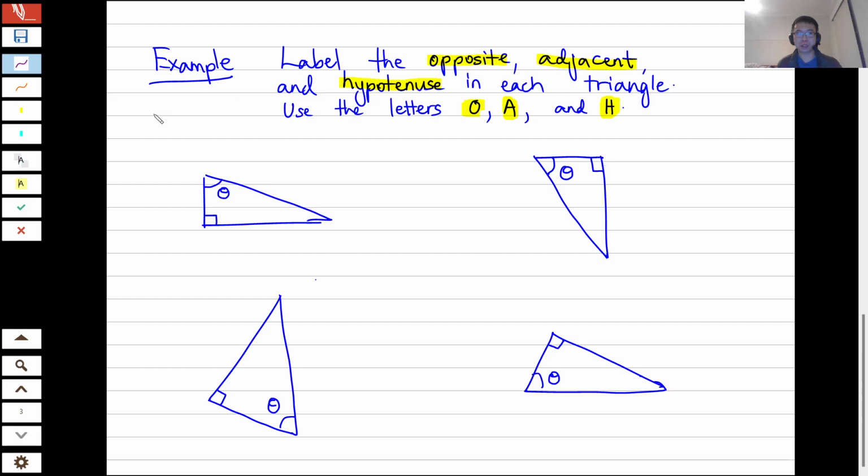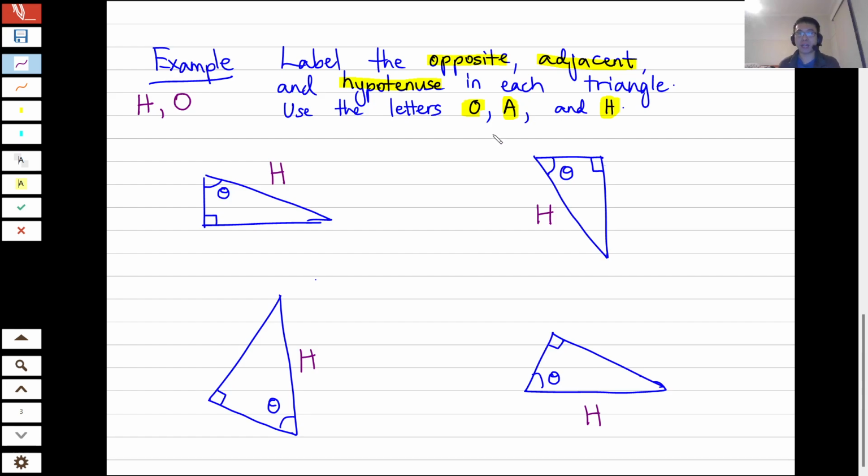I like to start with the hypotenuse. The hypotenuse is facing outwards from the right angle, so I'm going to draw an arrow from the right angle to the hypotenuse. So there is H. Remember, the hypotenuse is the longest side in a right-angled triangle. After I've labeled the hypotenuse, I like to label O. The hypotenuse is easy.